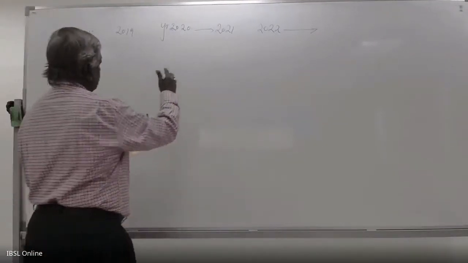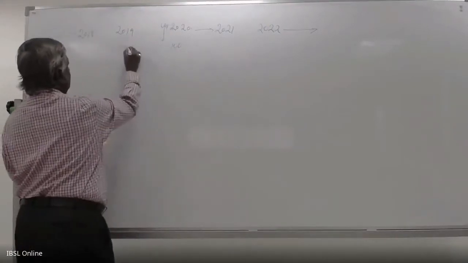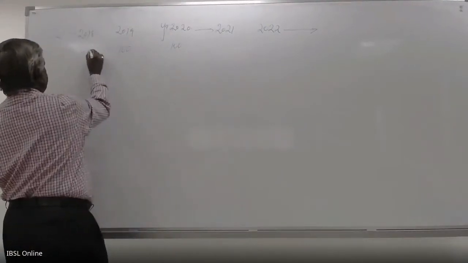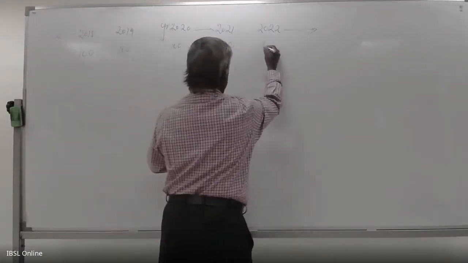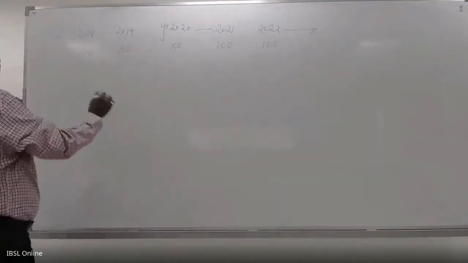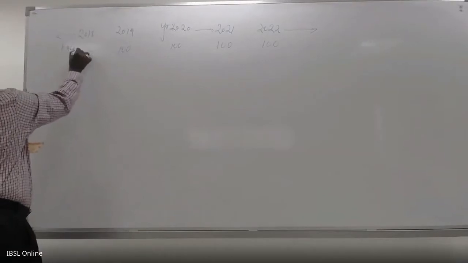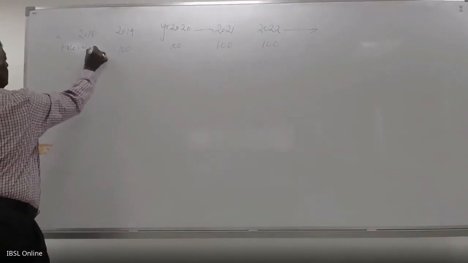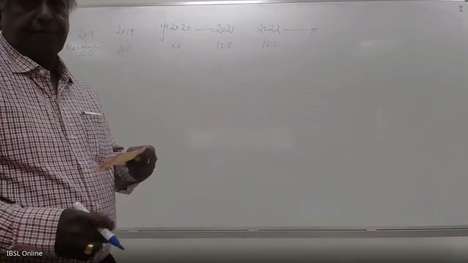Now it is 100 rupees. Last year also it was 100 rupees, before that also 100 rupees, and next year also 100 rupees. So it is always going to be 100 rupees. We call it the face value of money.